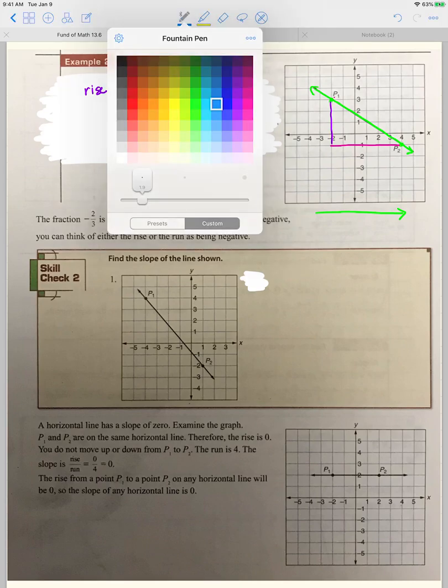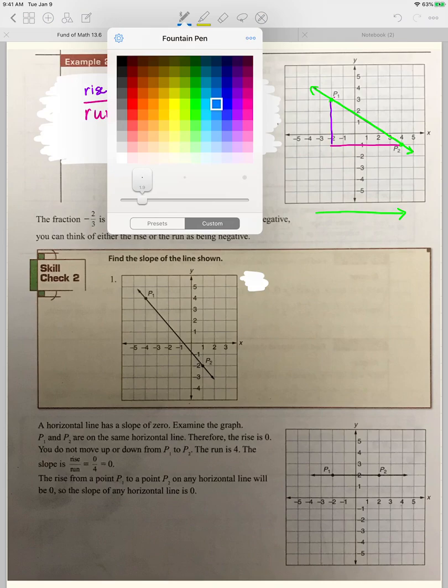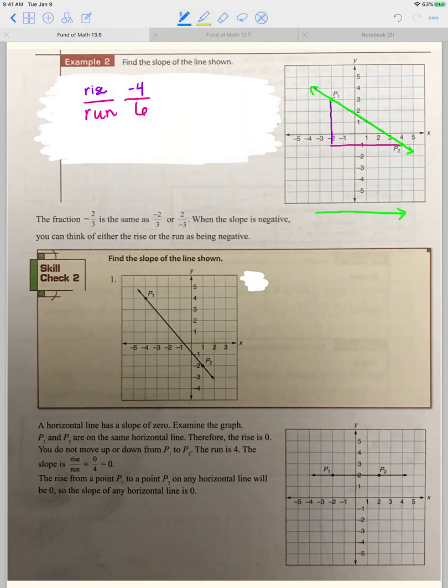Now, I said don't change a mixed number to an improper fraction, but you do want to reduce your fractions if possible. Okay, so we have, oh, and I'm sorry, I should have written run. I'm going to keep emphasizing that over and over because that's the key to the slope. So the slope of this line is negative 4 over 6, which reduces to negative 2 thirds.